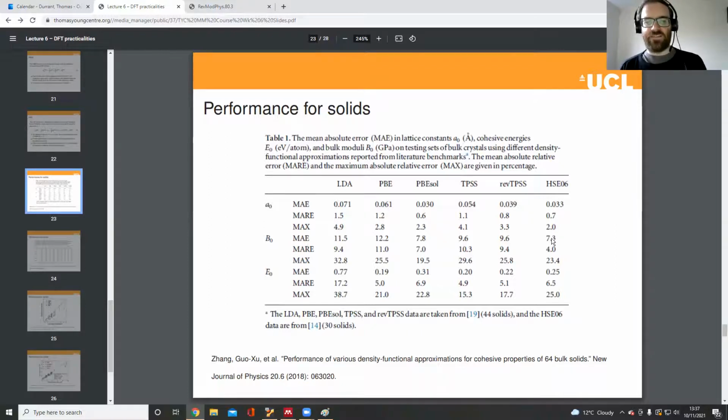You see similar trends for the bulk moduli, how easy it is to deform the crystal, and for the binding energies here. So we are generally seeing improvement as we use hybrid functionals, but there's still errors there. It's still not perfect.